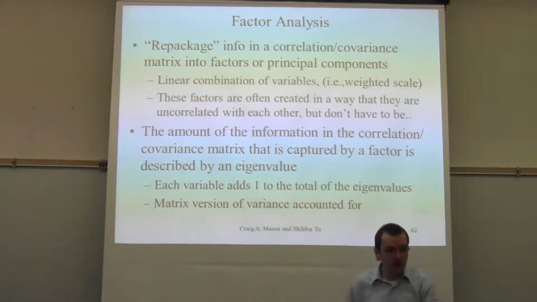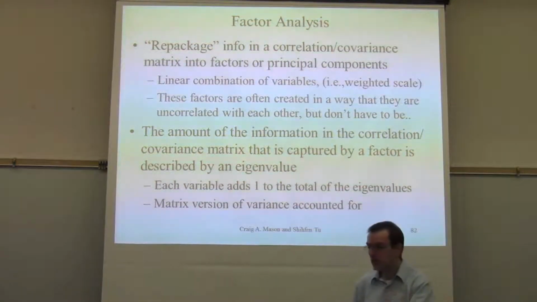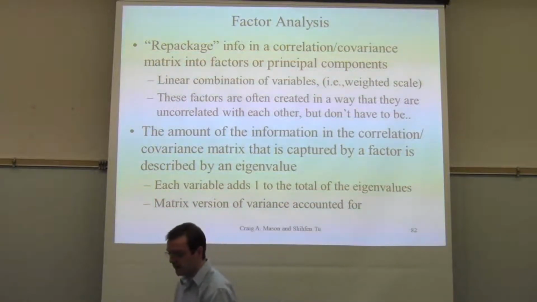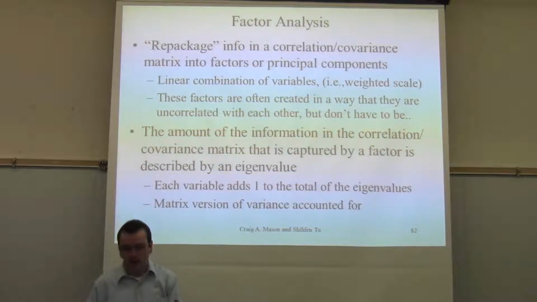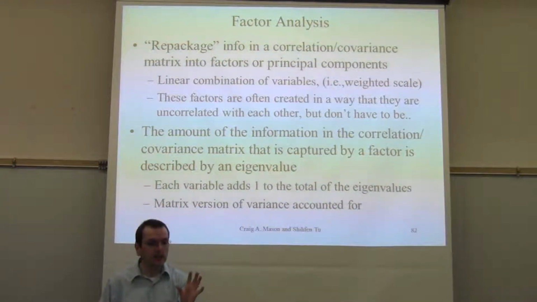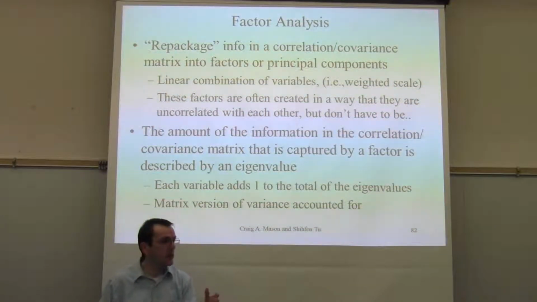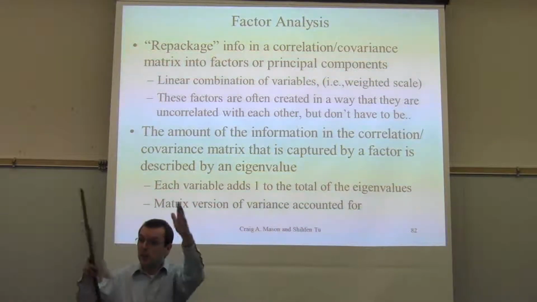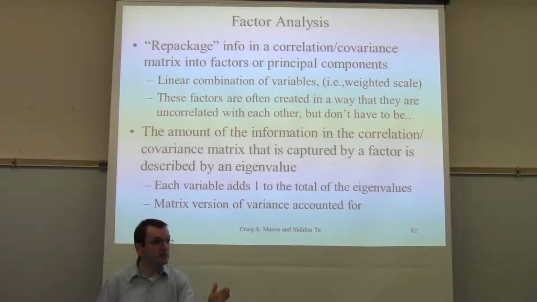Each variable adds 1 to the total eigenvalues that we're going to see. We'll see this again in a minute. You can think of an eigenvalue as the variance of a matrix. It's how much variability there is in a matrix, or a box of numbers, a set of numbers.